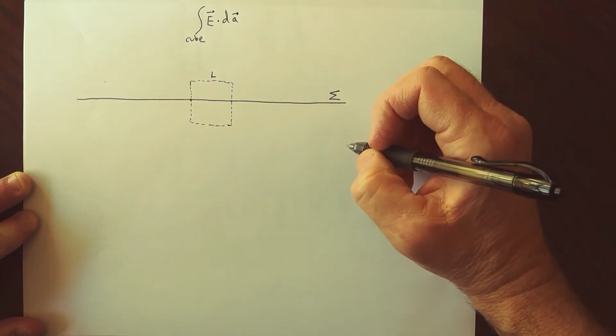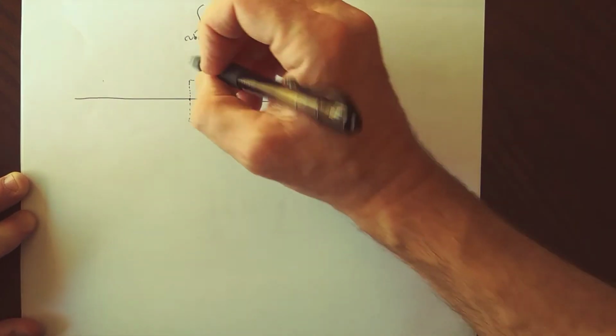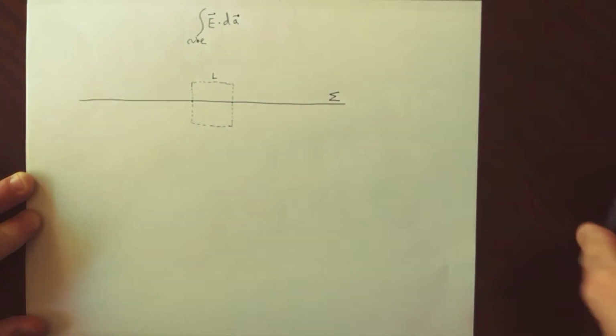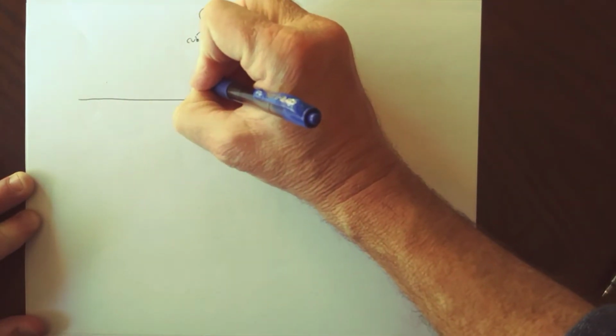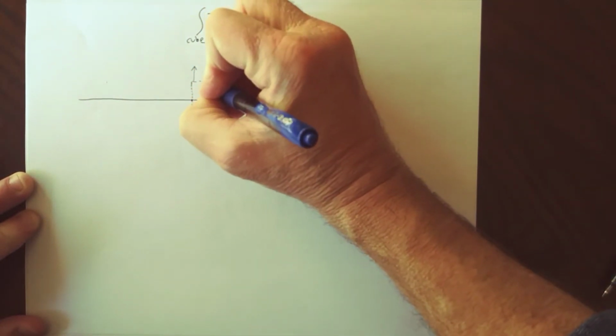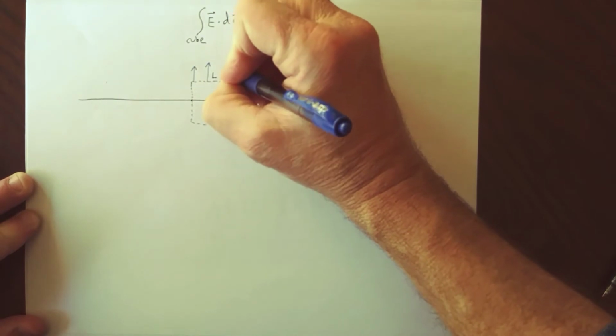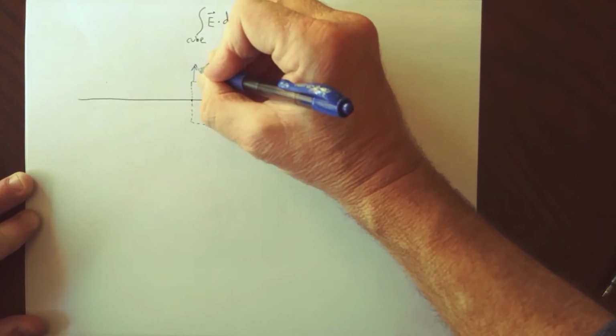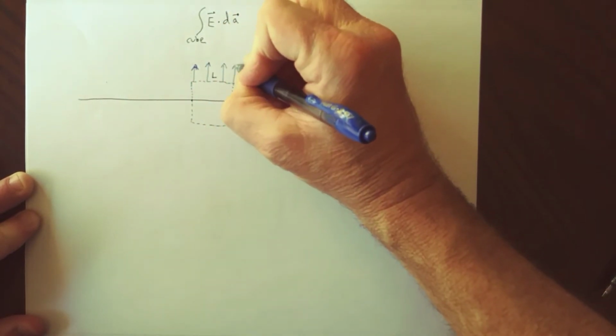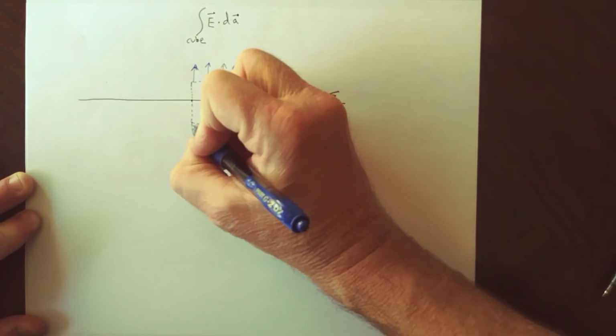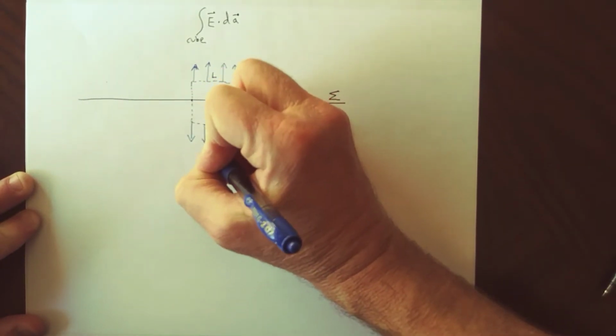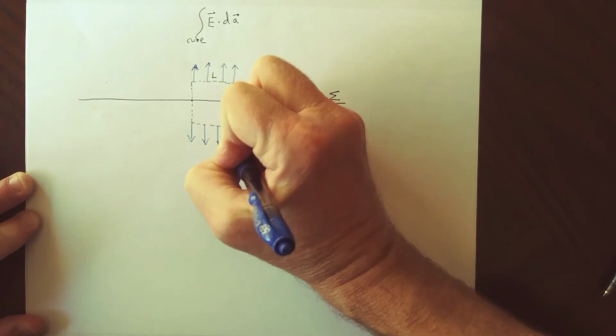So if we do the brute force approach, then we have to integrate the electric field over the top part, and the electric field is pointing this way above. My arrows should all be of the same length. We know what the magnitude of the electric field is.